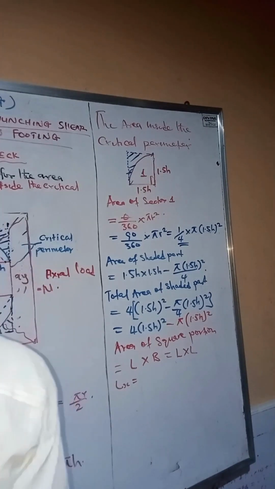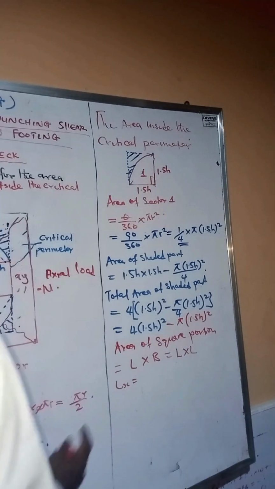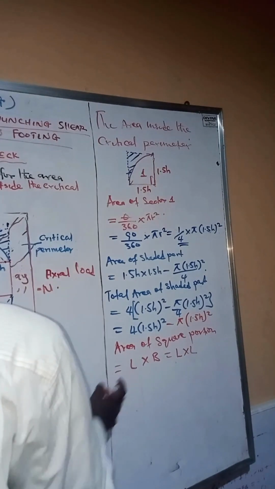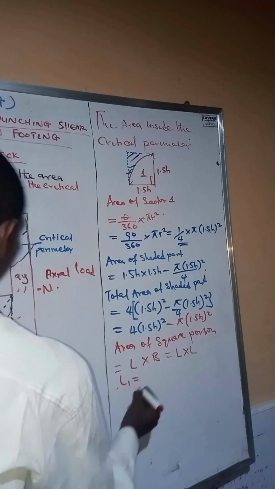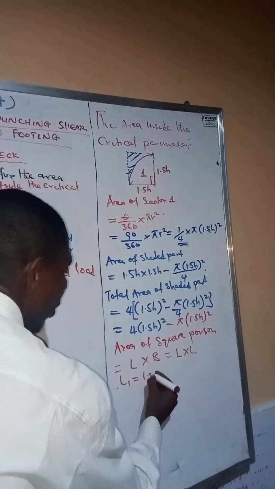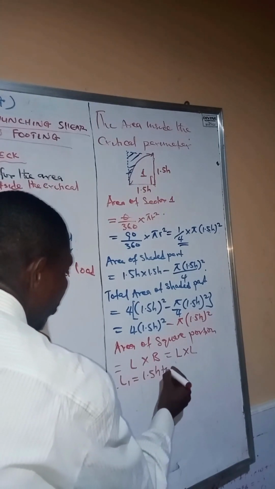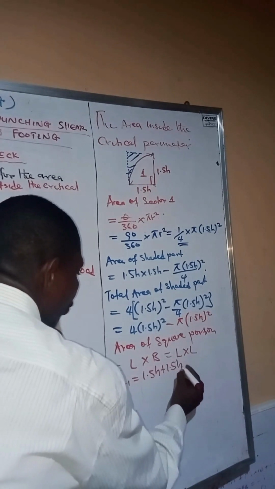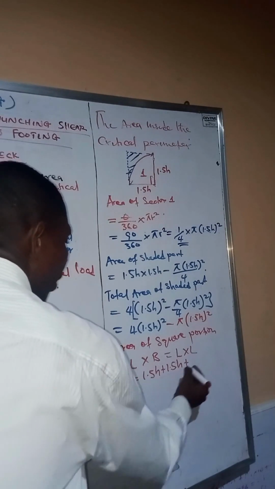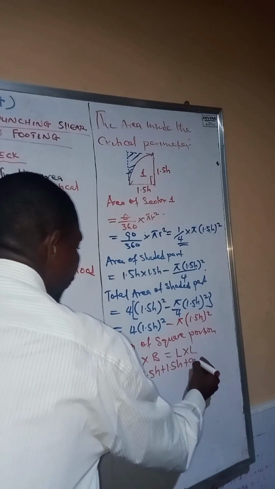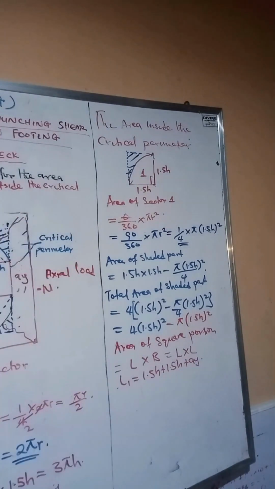Let's not use the subscript. Let's start with the length, L1. So let's call it L1. L1 becomes 1.5h plus 1.5h plus AY. All right.